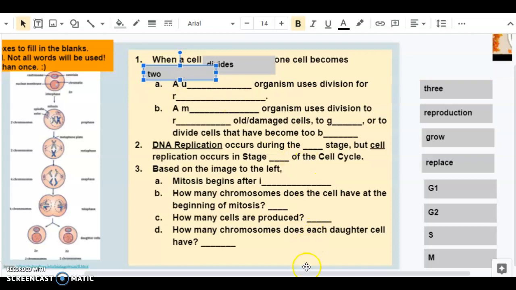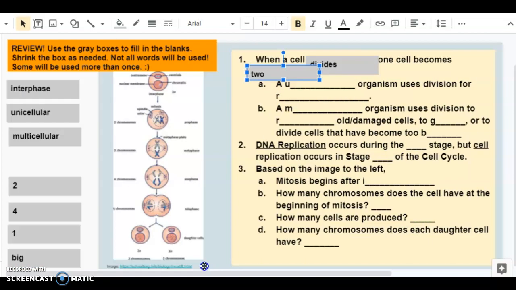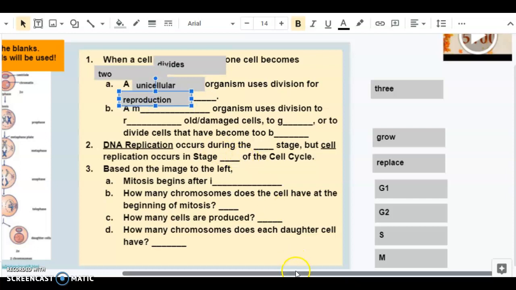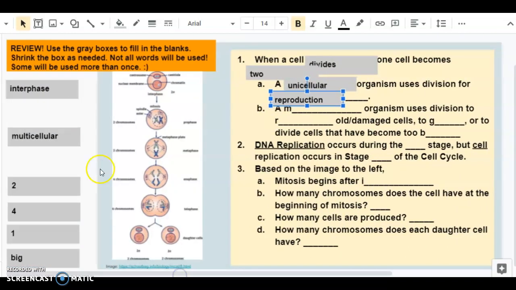A unicellular organism will use this process for reproduction to make a whole new organism. But a multicellular organism is going to use division a little bit differently.